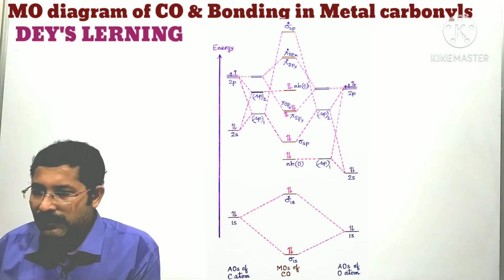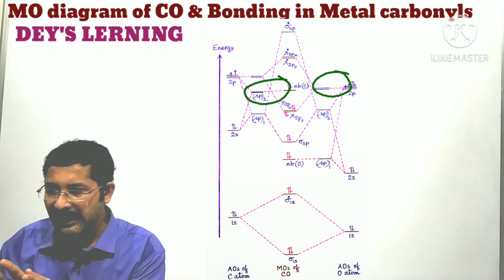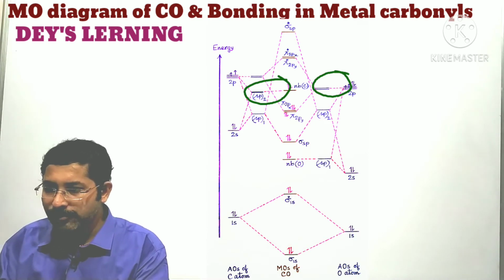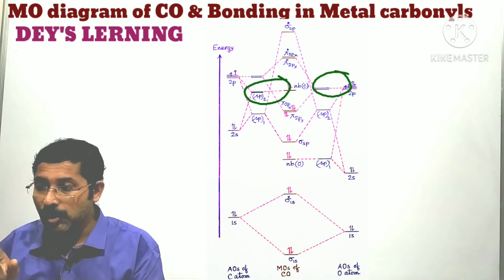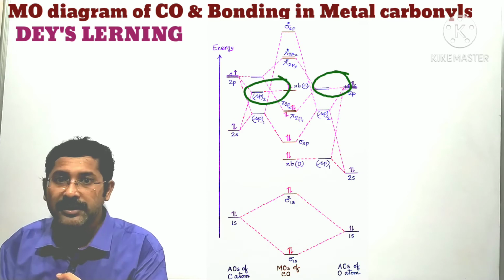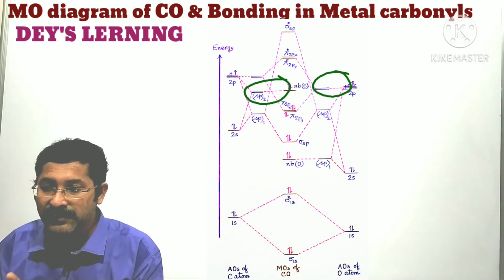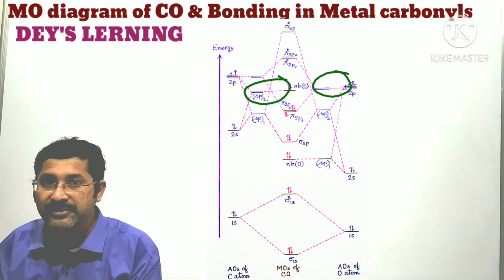Look here, the two pi orbitals of oxygen and the sp2 orbital of carbon are almost at the same energy level, but importantly the pi orbitals and the sp hybridized orbital do not have the same symmetry. Definitely their symmetry must be matched, but here symmetry is not matched.